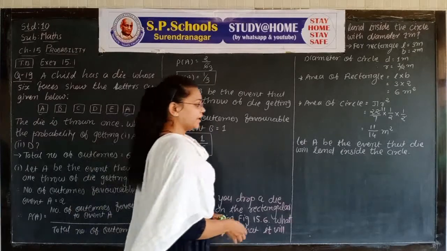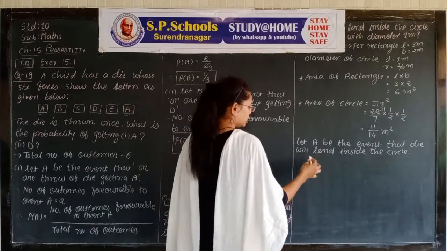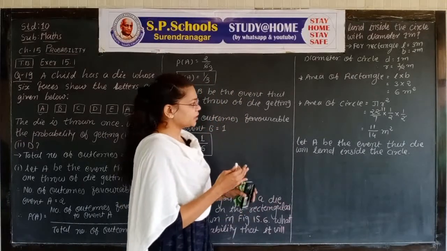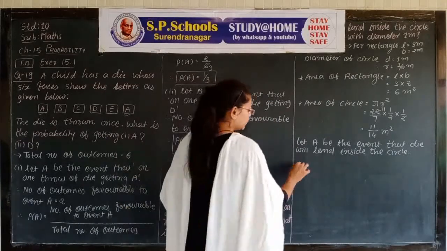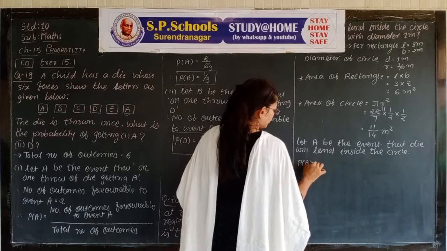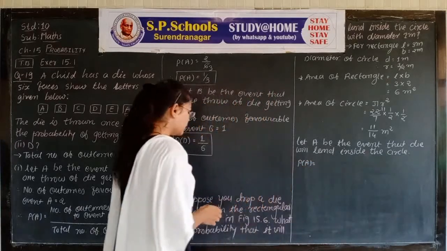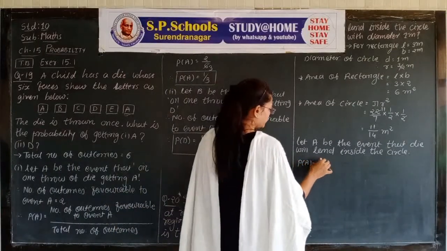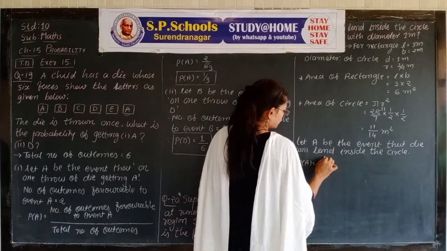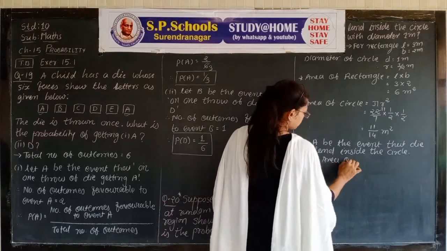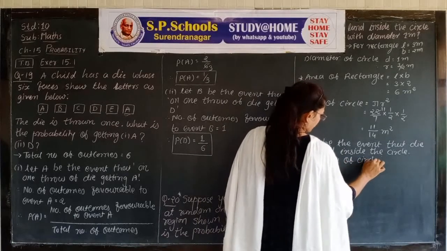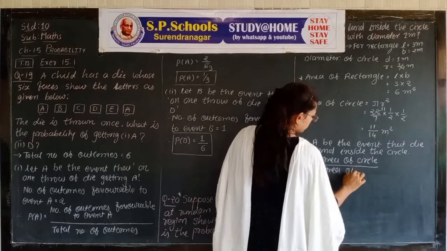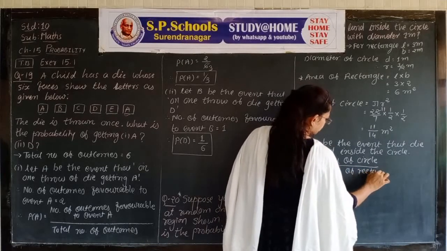For that we have to write the number of total and favorable outcomes as the area of rectangle and area of circle written above. Therefore the probability P of A is equal to, instead of number of favorable outcomes and number of total outcomes in this sum, we write the favorable outcomes, area of circle, upon area of rectangle.